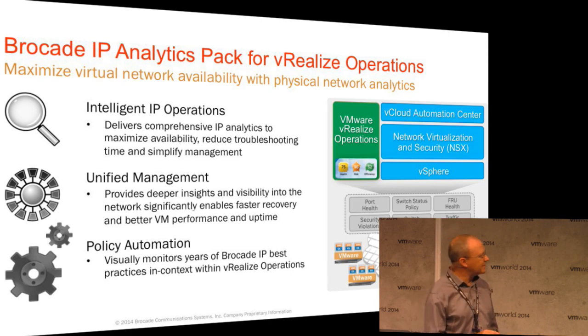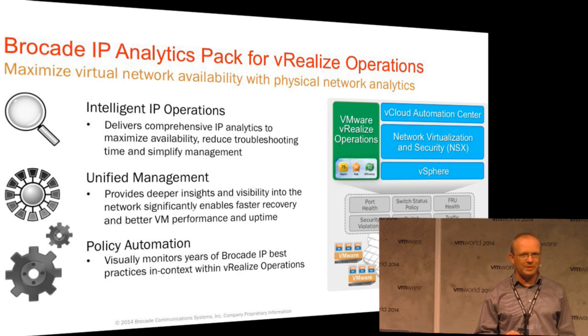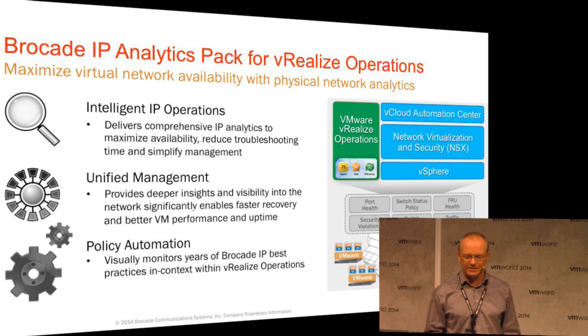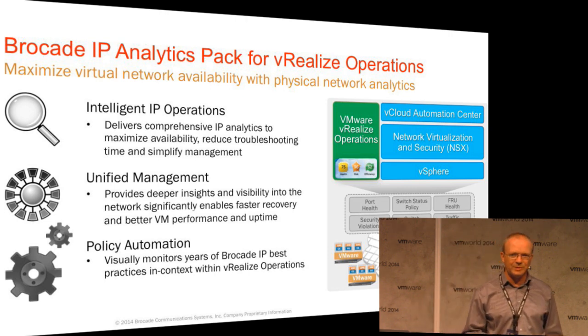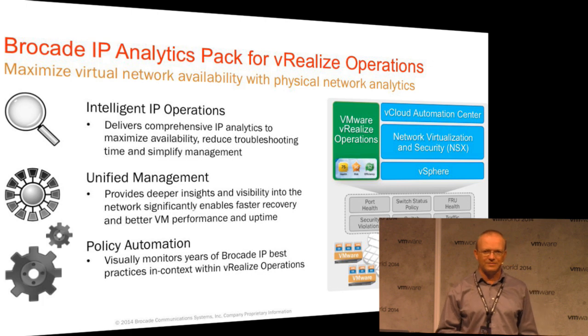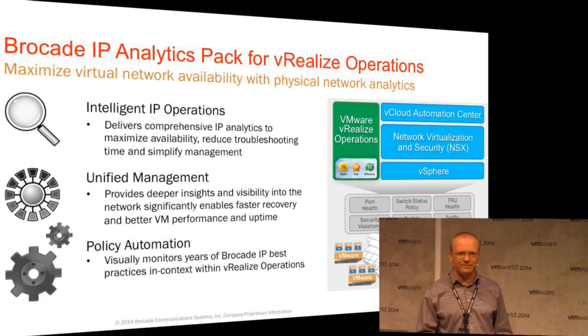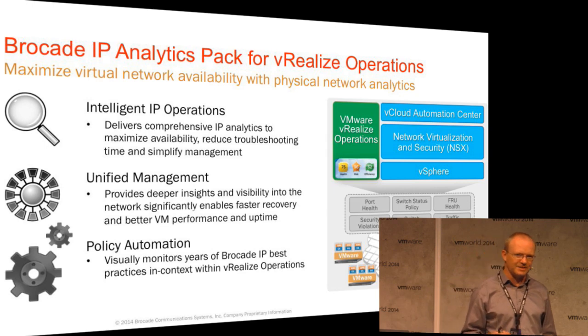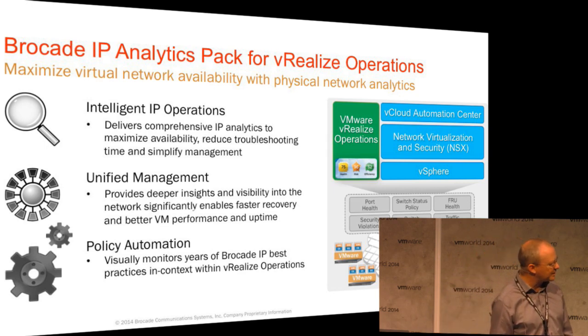So more specifically with the IP pack for vRealize, and you can see on the slide some of the examples, we've been tying the base inventory of the switches for that fabric, giving the visibility of that topology up into VCOps, vRealize Operations Manager.